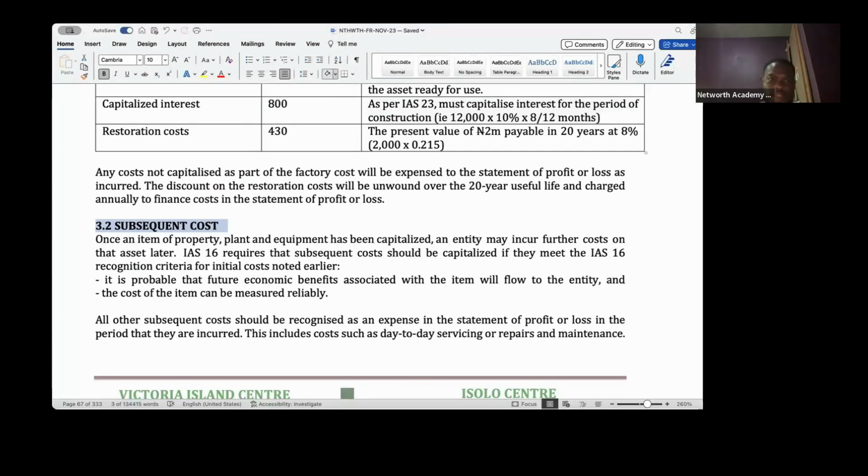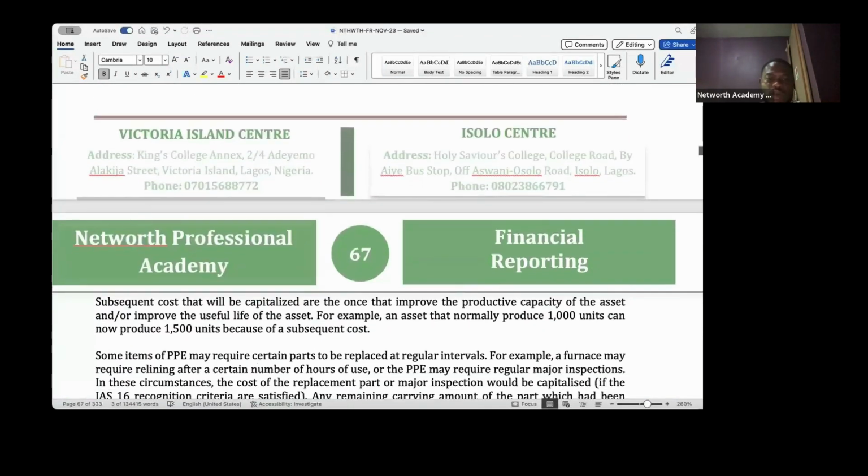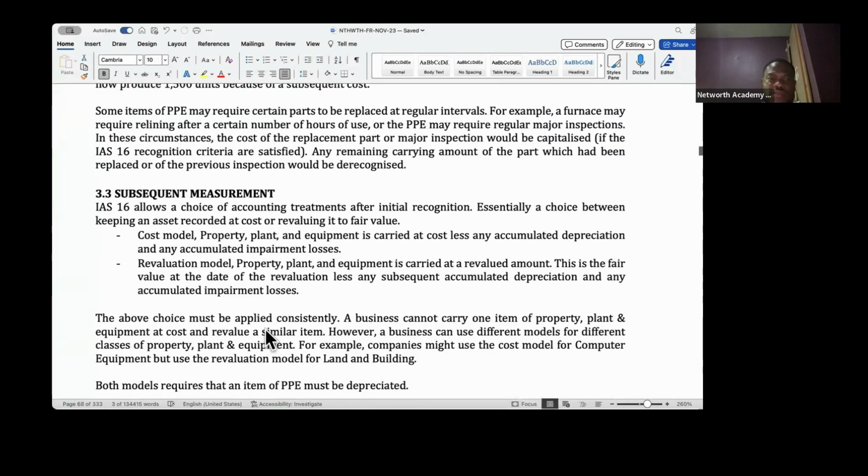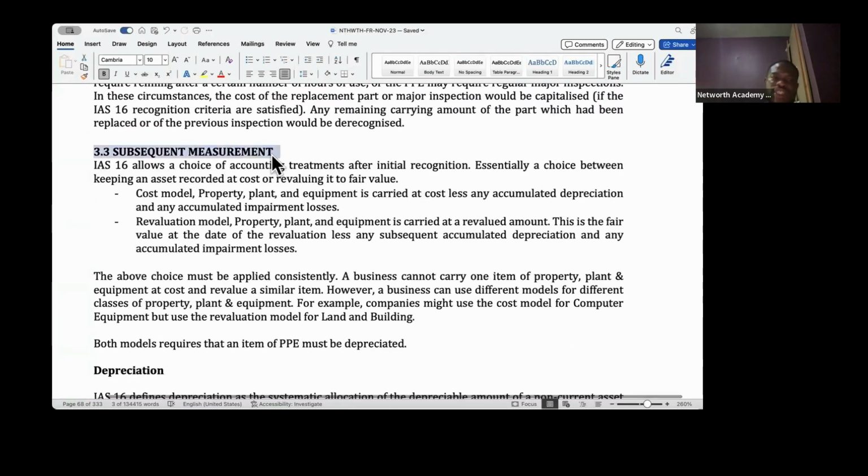Okay, so the next one, if you don't have any question on subsequent costs, is subsequent measurements. When we say subsequent measurements, we are talking about how to determine the value of an asset at the end of each reporting period, meaning at the end of the year.